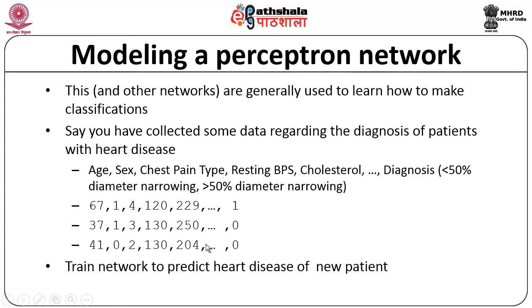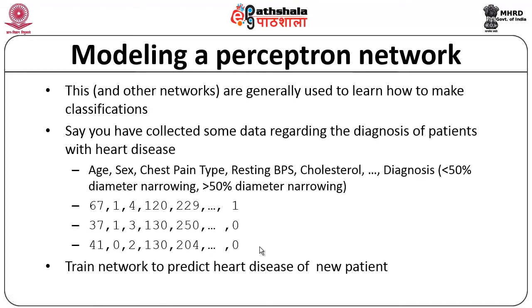In the other record you find another patient's data, and that patient does not have a heart disease. Suppose you develop a model for diagnosing any new patient who comes to your hospital with respect to this disease. Then you can develop a neural network model, train the model with existing records, and when a new patient comes to your hospital, based on the model you can decide whether the new patient has the same heart disease or not.